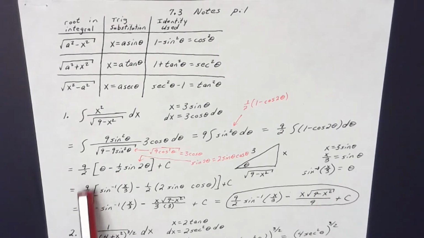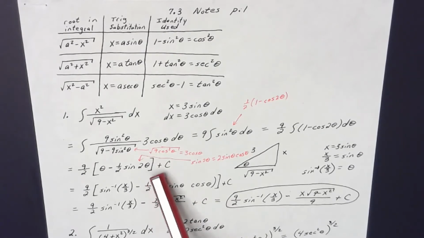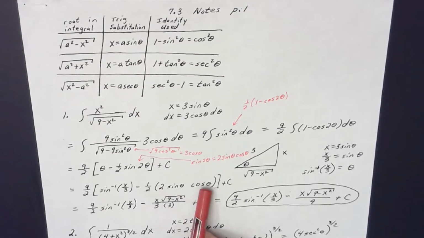So I'll get 9 over 2, inverse sine of x over 3, and then minus 1/2, and then that 1/2 is going to be multiplying the 2 sine theta cosine theta. Of course, at that point, I have to cancel those two factors, but then it becomes the step of how do I solve for the sine of theta and the cosine theta.